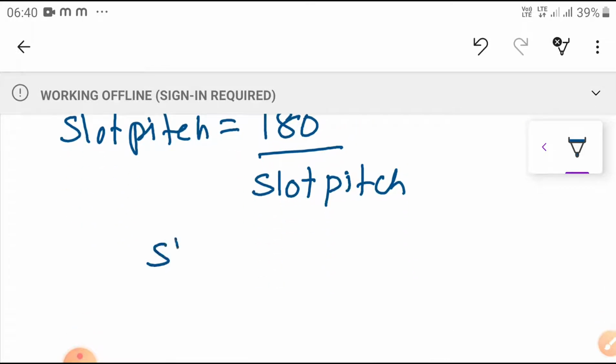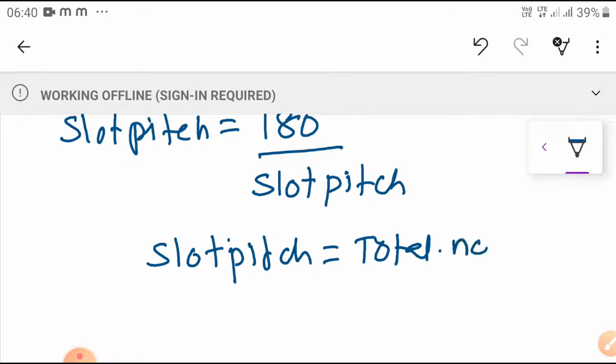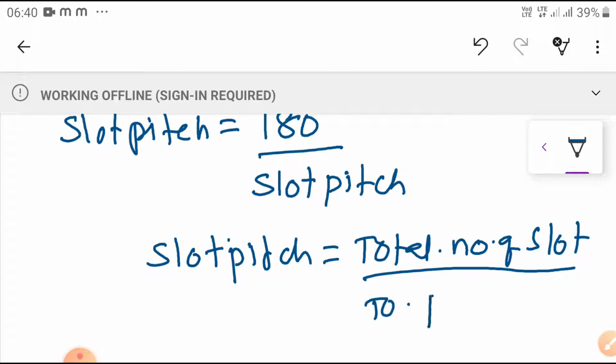The slot pitch is equal to the total number of slots divided by the total number of poles. As per the given data, we see how many slots are in a given machine and how many poles are designed for it, and we calculate the slot pitch.